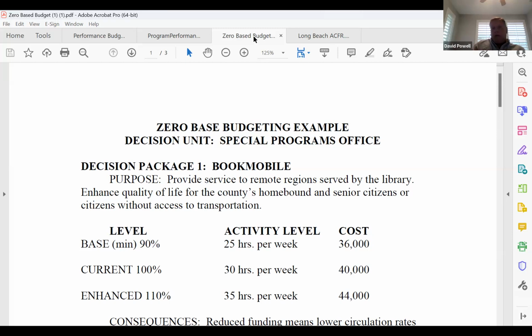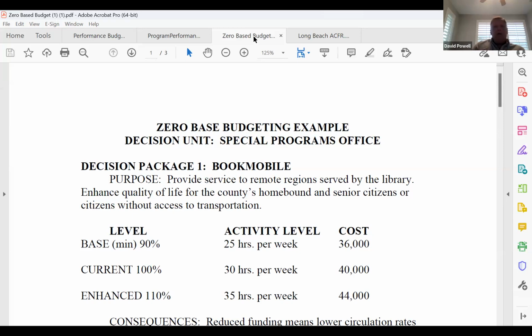All those units that have budget decision-making ability, we refer to as decision units within our organization. Each one of those decision units will then prepare a series of these things called decision packages.